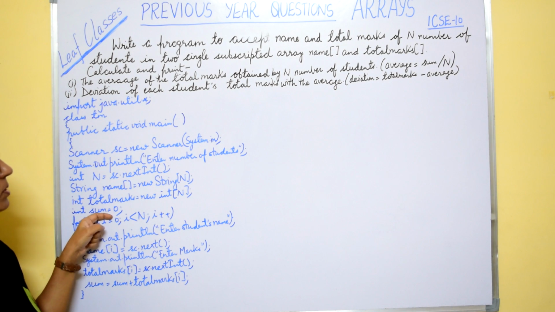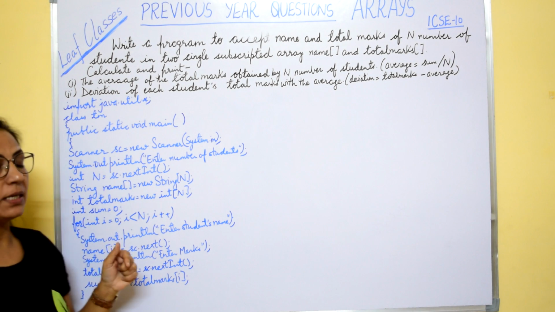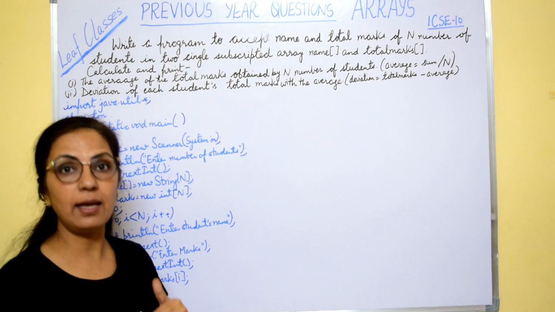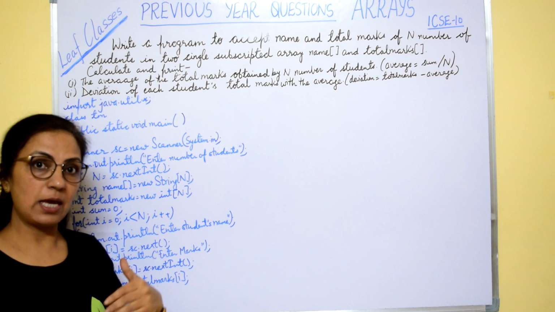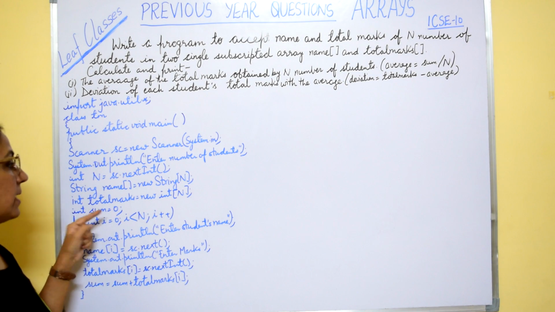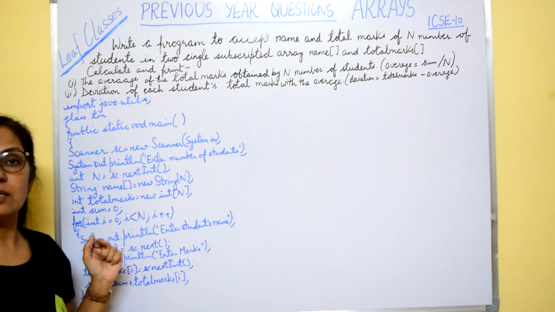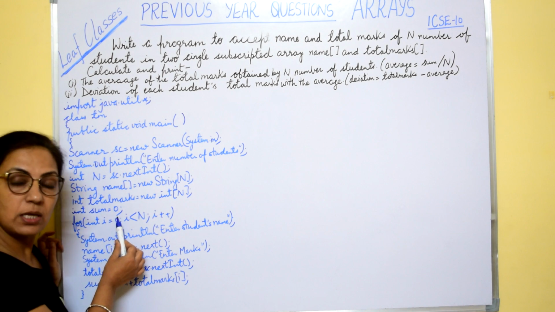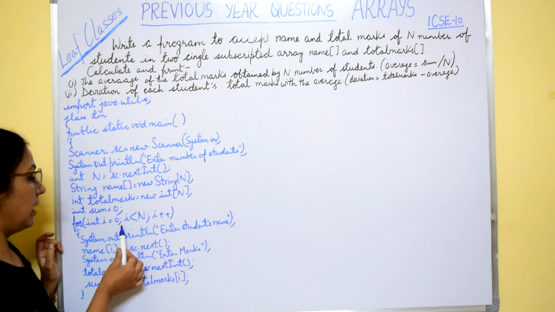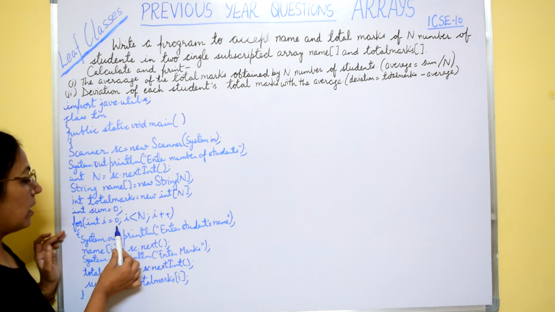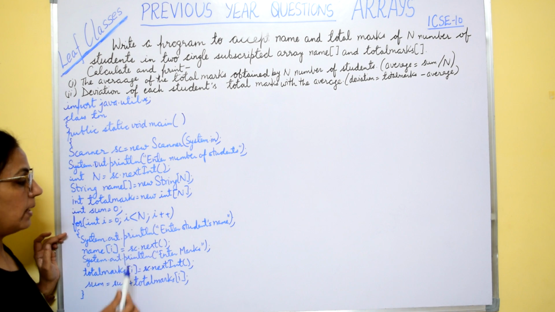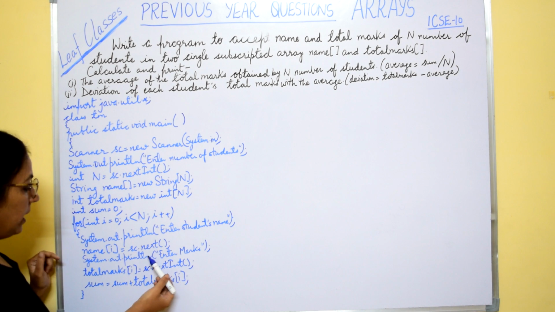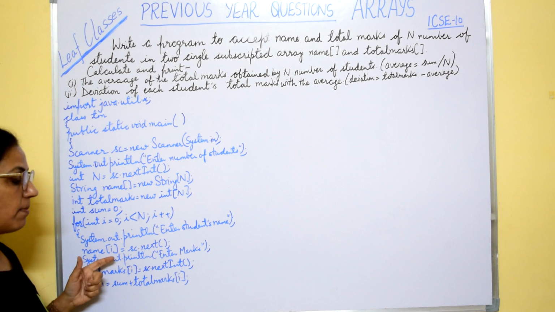Then sum equals to 0 because I have to find the sum to calculate the average. So we will take one variable and initialize it by 0. Sum of integers will give you integer. Now here we will take the loop from 0 to less than n, and you will input the name and total marks.